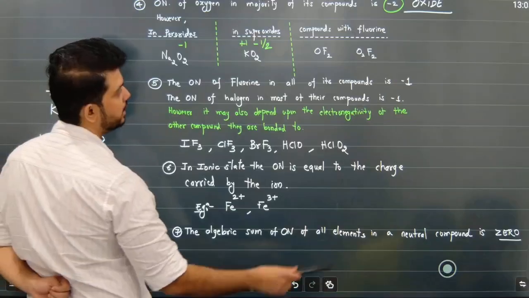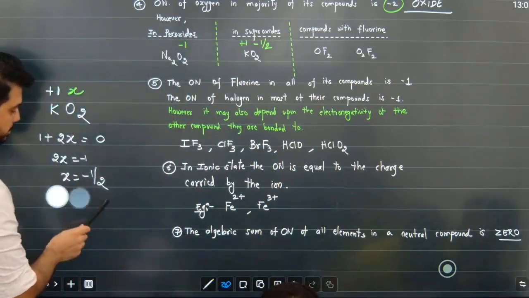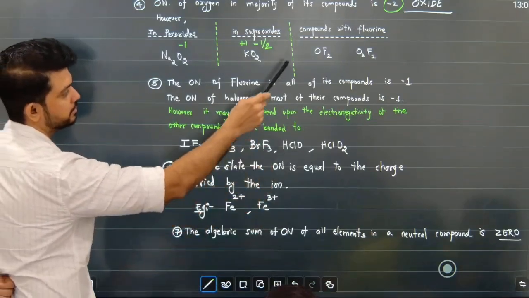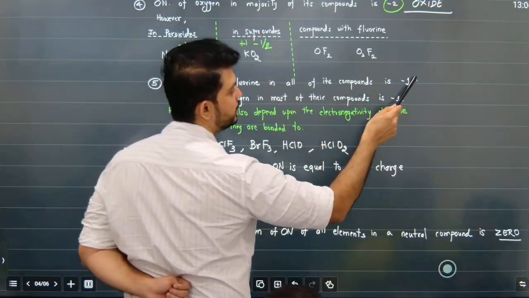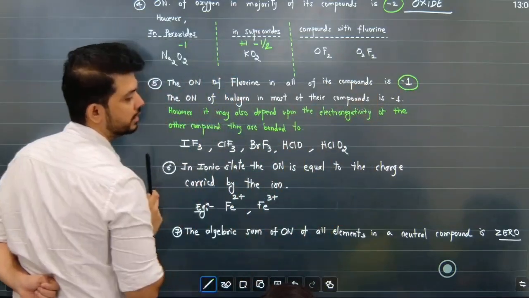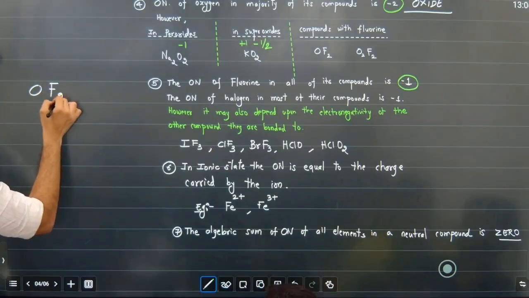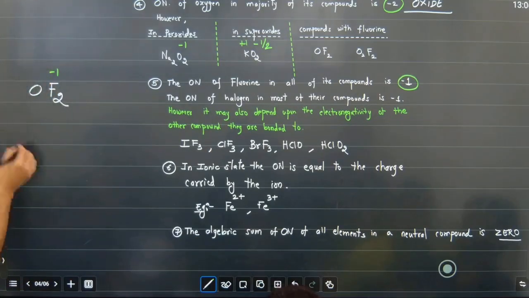Similarly, pay attention here to compounds with fluorine. Now people, fluorine is the most electronegative element in the periodic table. So the charge on fluorine is always going to be -1. Now if fluorine is -1, then in OF2, what is the charge on oxygen?